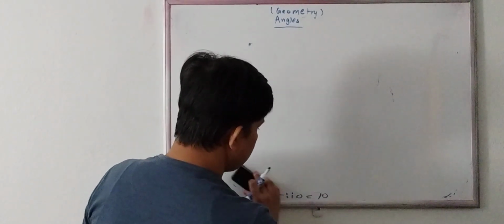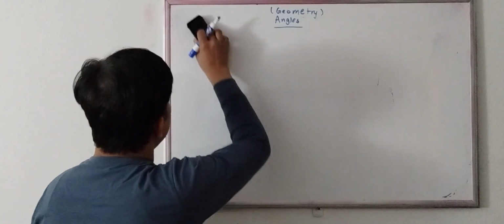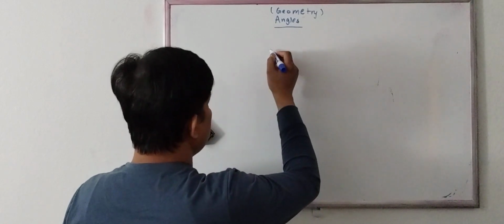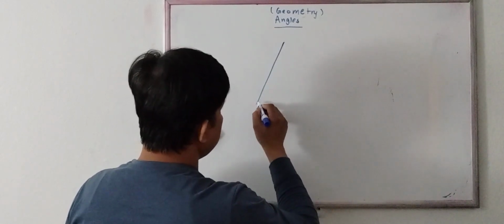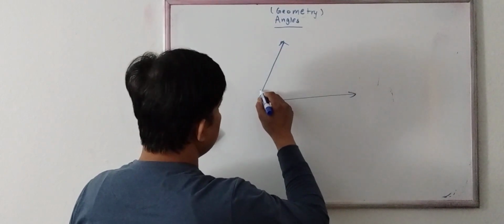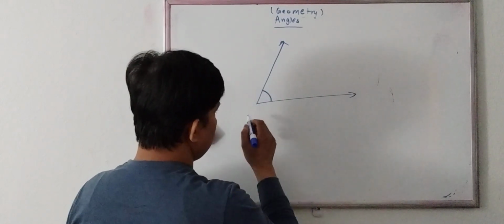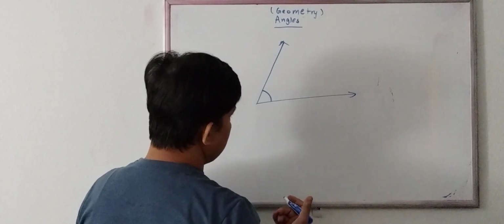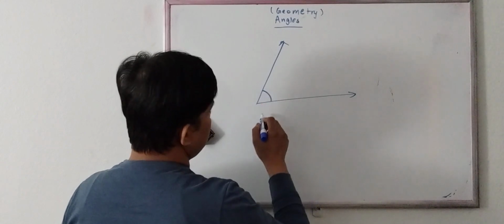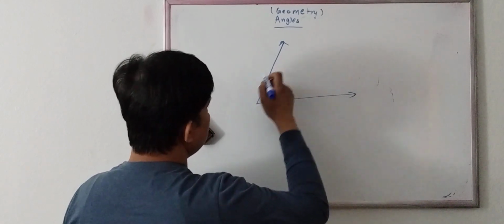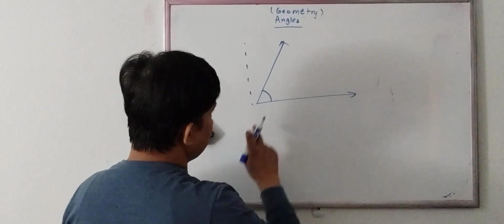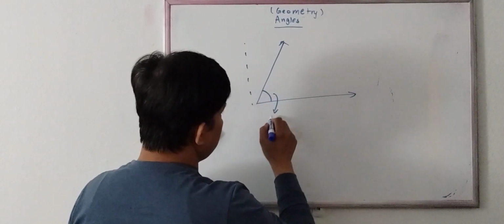So in questions, they might give you some shape and ask you, okay, what is the value of the angle? Let's say if I give you this example, and if I ask you, is it a straight angle, acute angle, obtuse angle, or whatever. So you see, there will be a perpendicular line here, 90 degree. So it's less than 90 degree. So this is an acute angle.